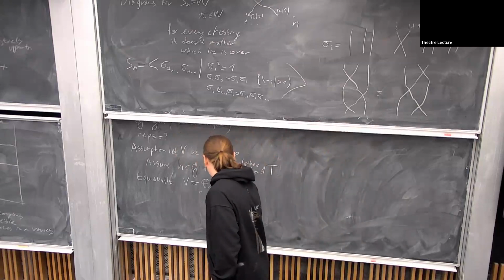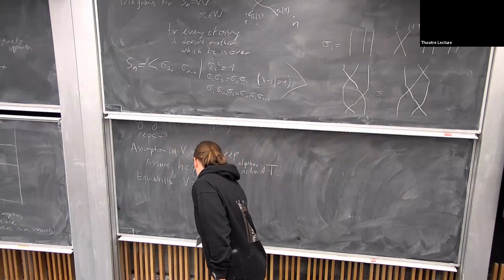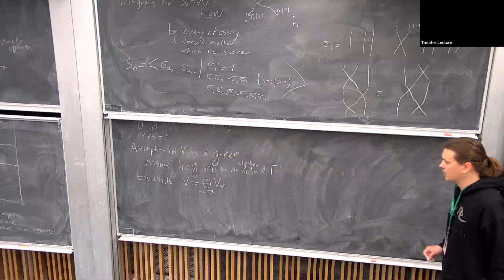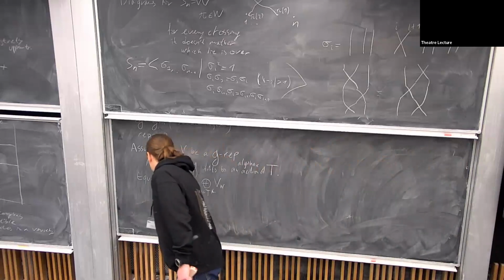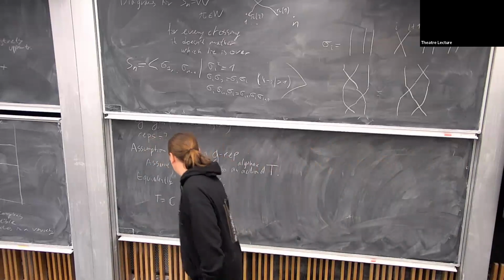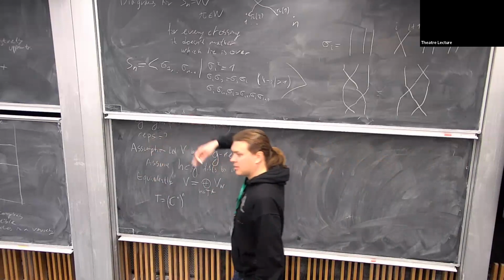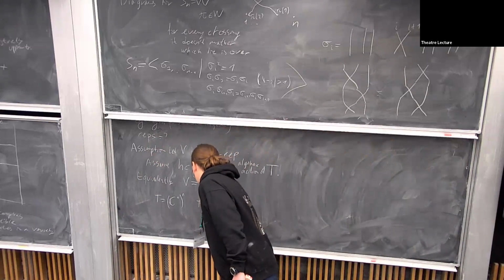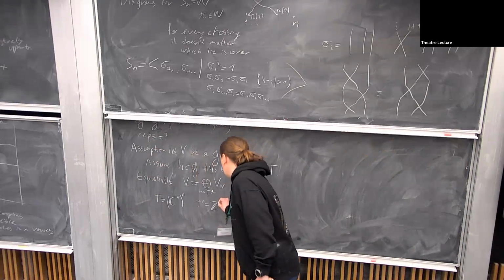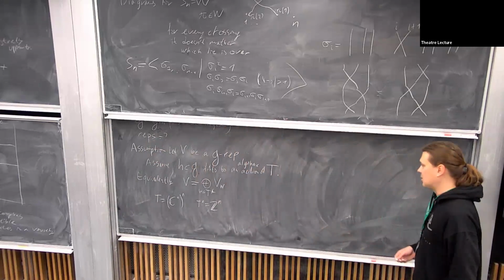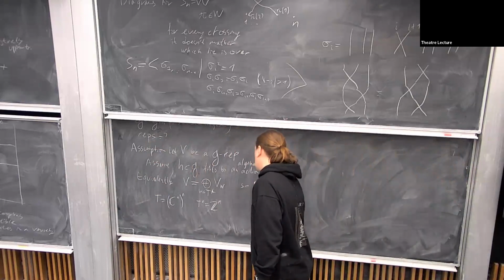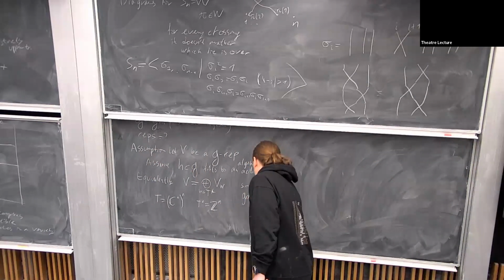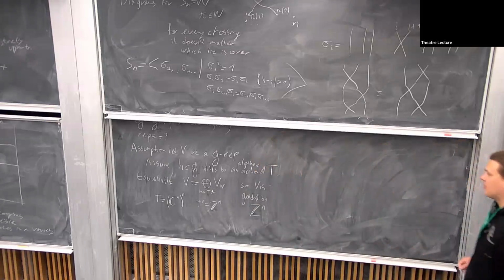Here w goes over the set of characters of T. In our case T is simply the diagonal matrices, the product of C star n times, so the character lattice is Z^n, and V is simply graded by Z^n. That's what the assumption means.